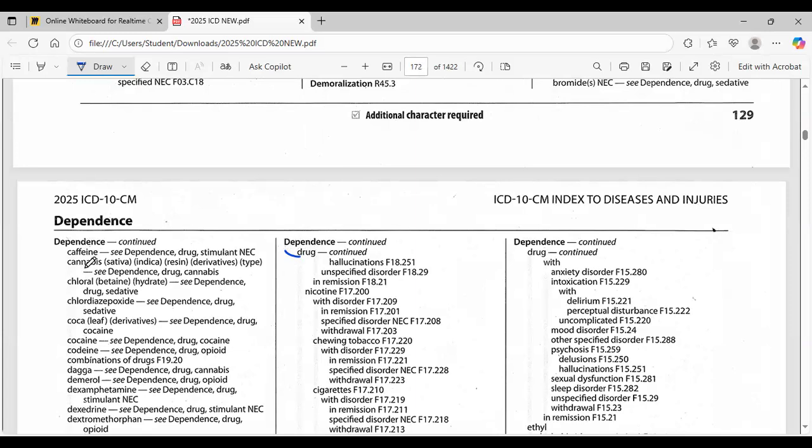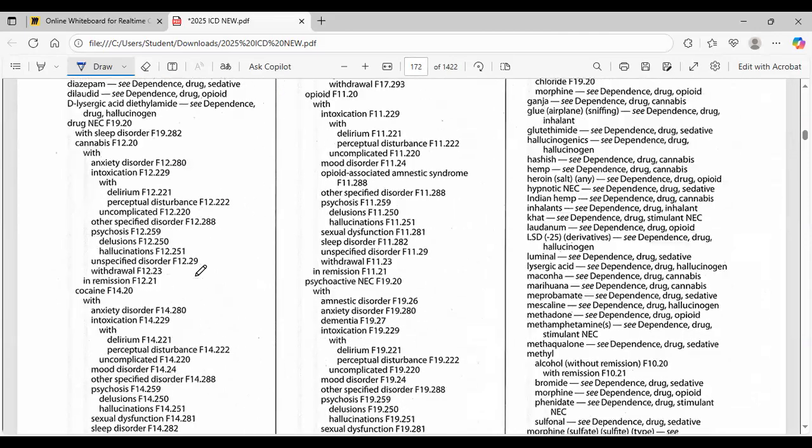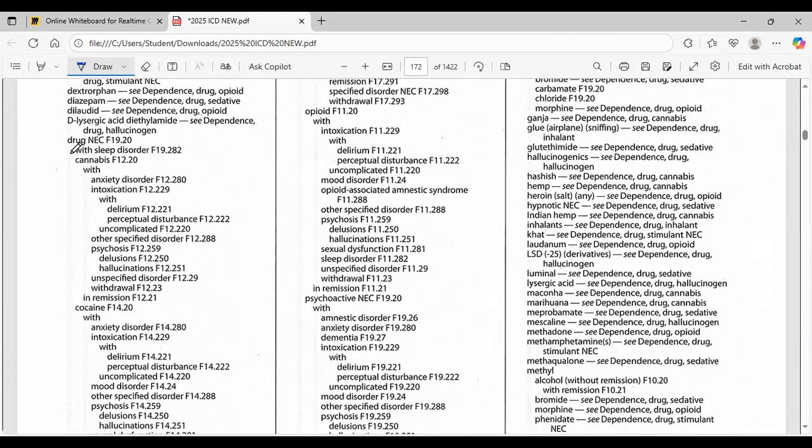Under dependence, here we have the drug, followed by cannabis. So here we have drug, cannabis, and our code should be F12.20. Here we will not code cannabis abuse because whenever we have dependence and abuse of the same drug, we have to code the dependence only.